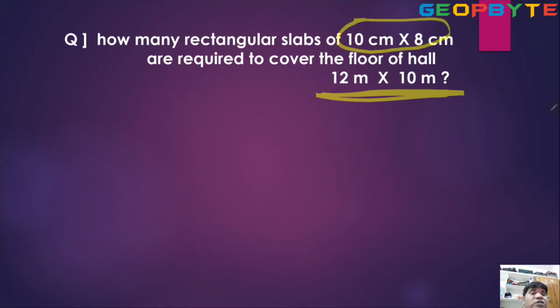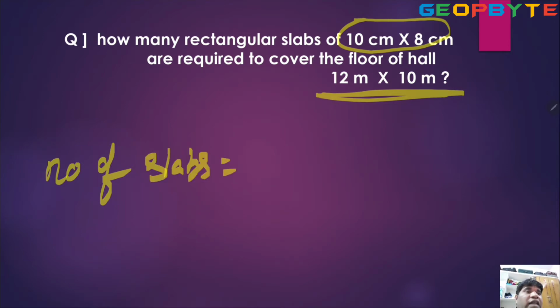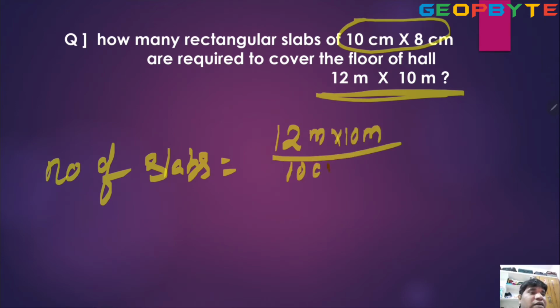Just now we discussed how many tiles, that is the number of plane figures, or number of tiles or number of slabs. So area of the hall, 12 meter into 10 meter, upon slab 10 centimeter into 8 centimeter.